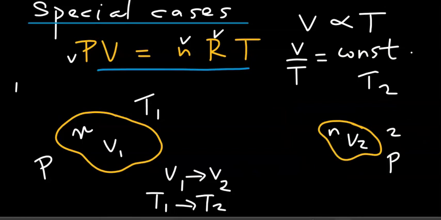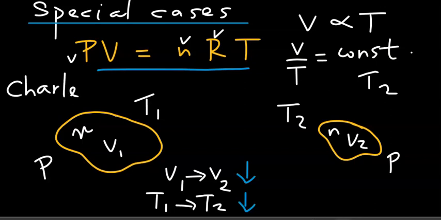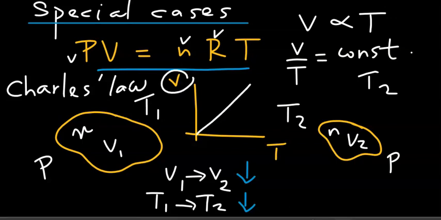Likewise, if I decrease the volume of the sample of gas from V1 to V2, the new temperature, T2, will also become smaller compared to the original temperature, T1. This law is known as Charles' law. And the graph representing Charles' law will look like this. It's going to be a straight line, denoting V is proportional to T.